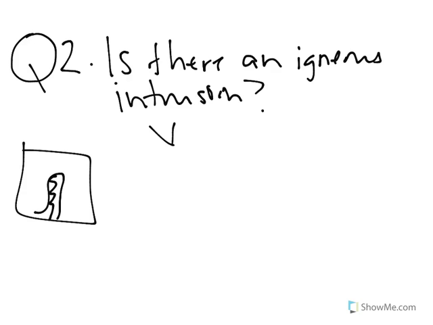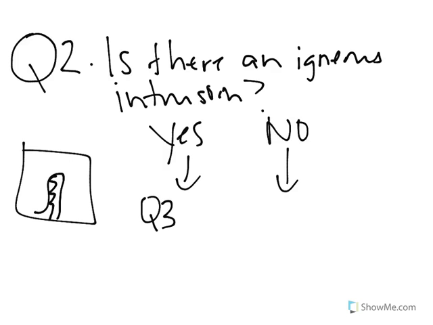If my answer is yes, we're going to move on to question 3. If the answer is no, then we're done. That means you only use one of those two words we did before: either angular or disconformity. Now let's go on to question 3.